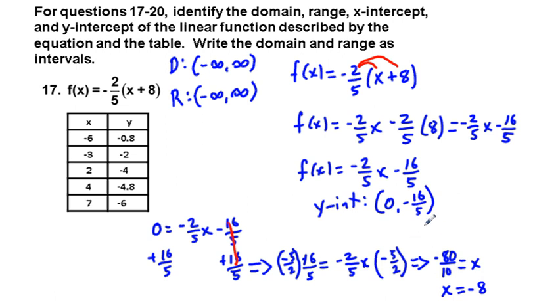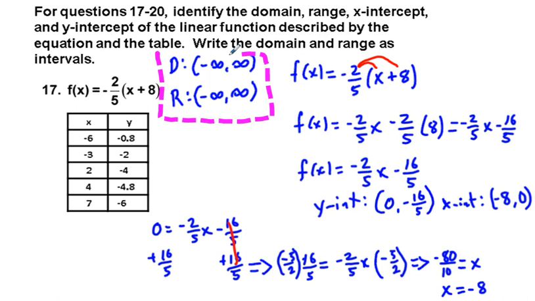So I'm going to put up here y, x-intercept is going to be the point -8, 0. And that gives us our domain and range up here. And we have our y-intercept and x-intercept down here, kind of to the lower right.